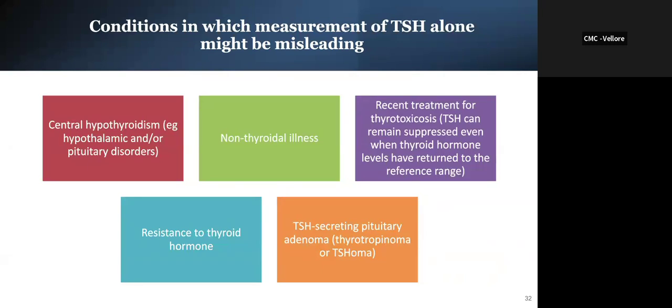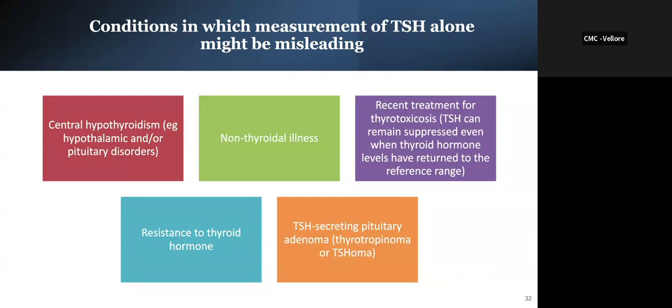I'm going to talk a little bit here, because if you are starting a patient on antithyroid drugs, let's say carbimazole, right? You are starting because the patient absolutely has Graves' disease, no second diagnosis. You're starting on carbimazole.